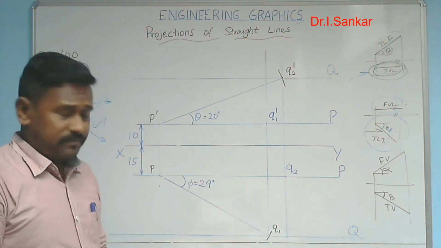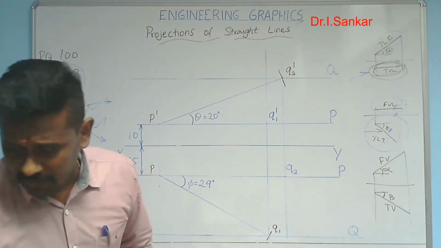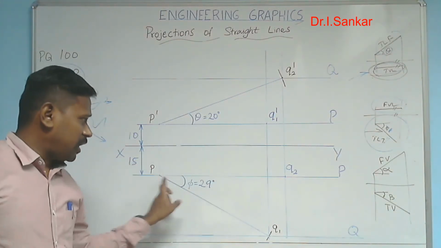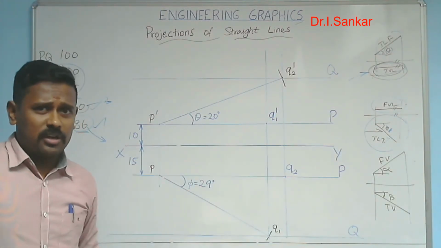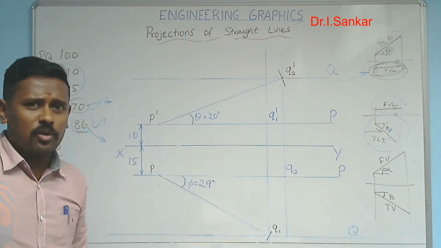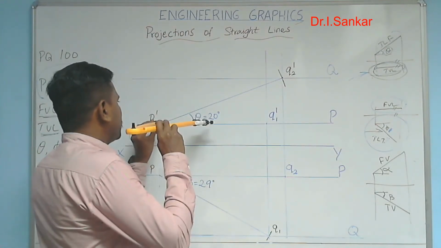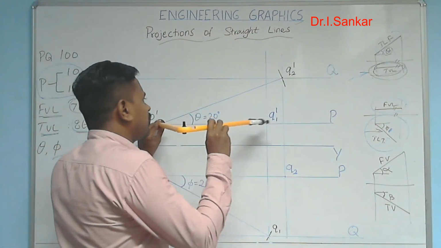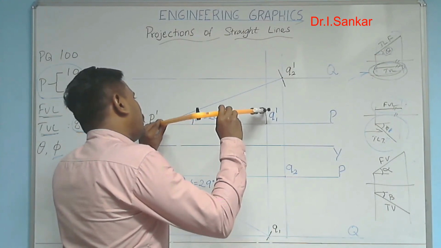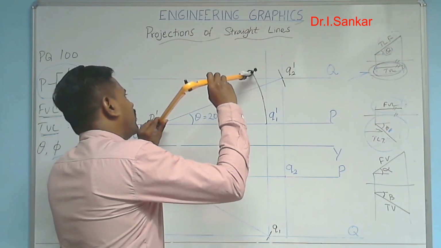Now all set. The job is to draw the front view and the top view. Already we have the front view length line and the top view length line in both front and top views. Just arc them towards the particular locus and you can finish the drawing. So by making P dash as center and Q1 dash as radius, I am drawing an arc towards the locus of Q in the front view area.